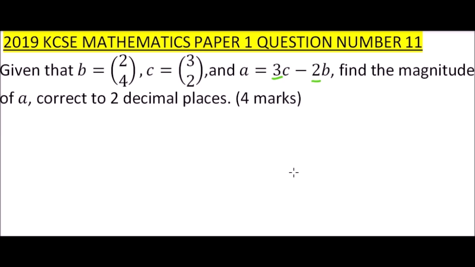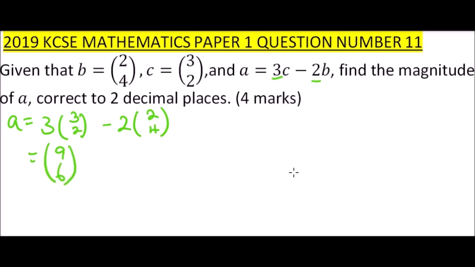So for us, let's start by getting A. So we are told A is equals to 3C. So you say 3 into bracket (3, 2). Then you minus 2B, which is (2, 4). This will give you 9. You multiply 3 by 3, that's 9. 3 by 2, that will give you 6.